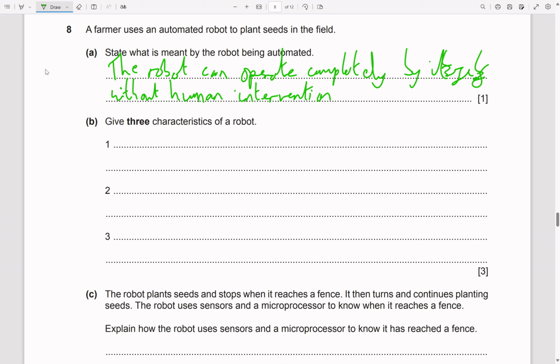Then we want to give 3 characteristics of a robot, and the way I remember this is just PEM. So P is going to be programmable. Let's explain this briefly: can be programmed to perform specific tasks.